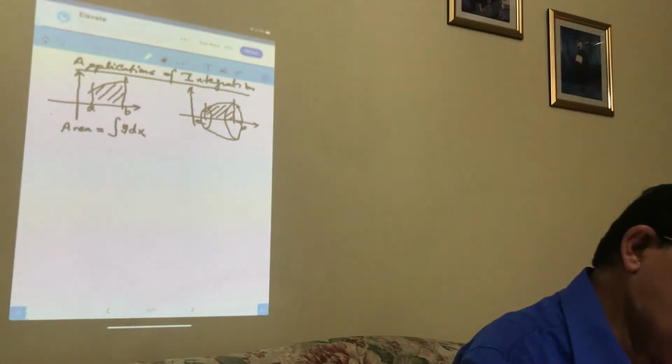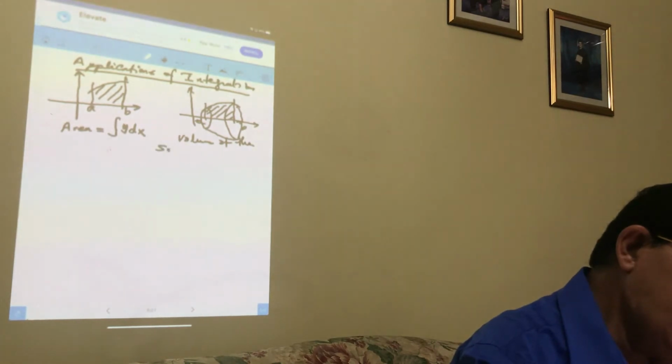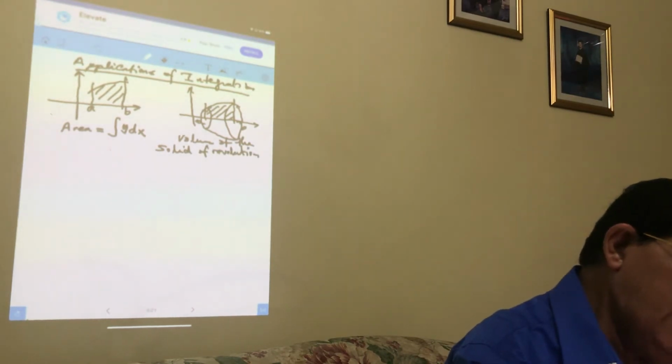If the area is rotated about the x-axis, we form a solid. Therefore, we want to get the volume of the solid of revolution. The way to get it is that we integrate y squared dx. Usually we take the pi outside and we integrate y squared dx.